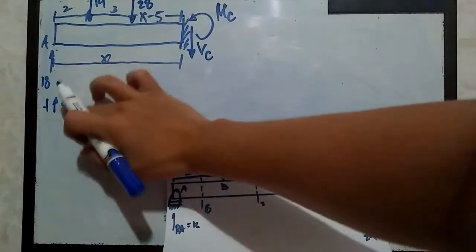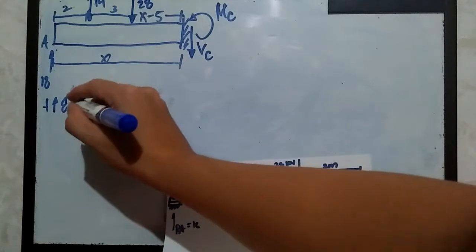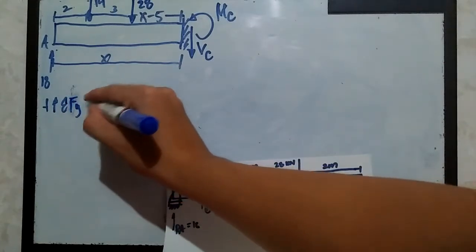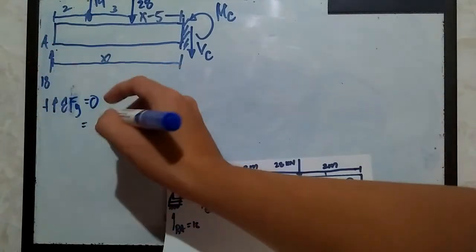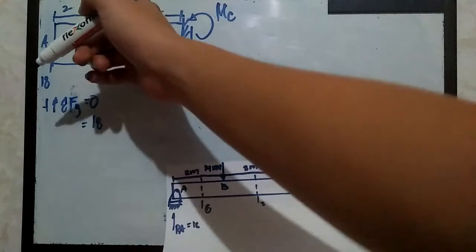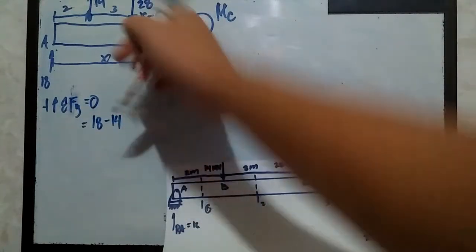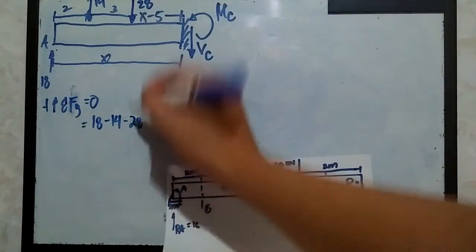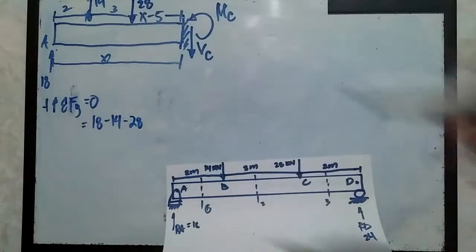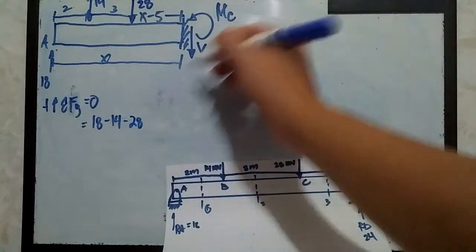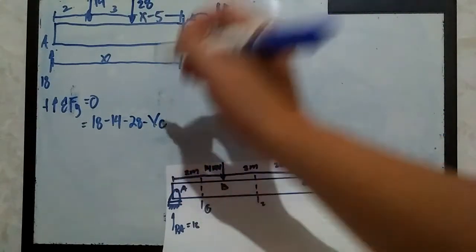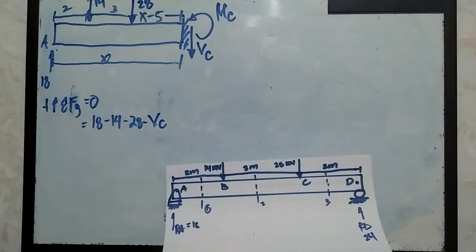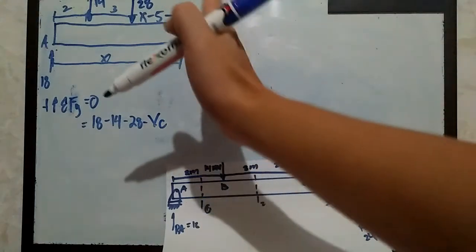So F sub Y equals 0. We have 18 going up, so positive. We have negative 14 because it is acting downward. We have negative 28 because it's always acting downward, that's transverse loads. And we have negative V sub C because that is the shear force acting at this section.